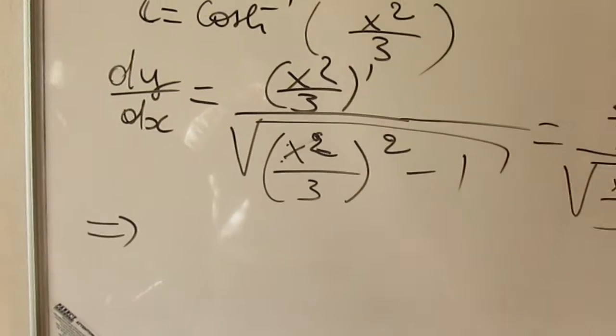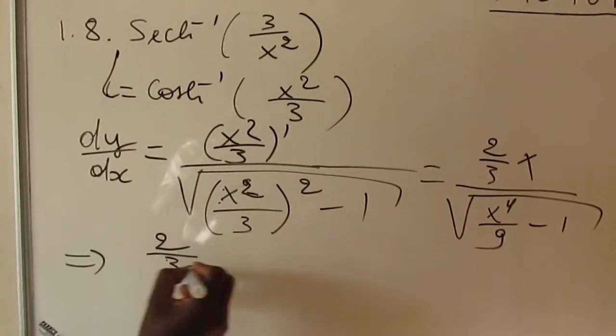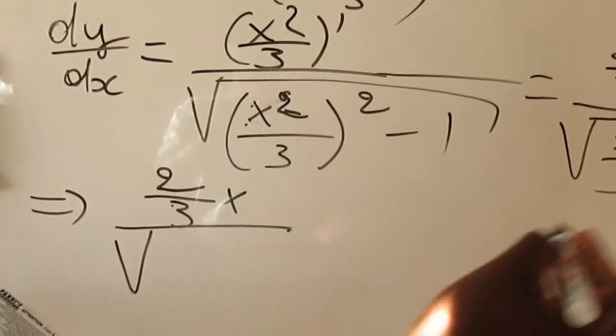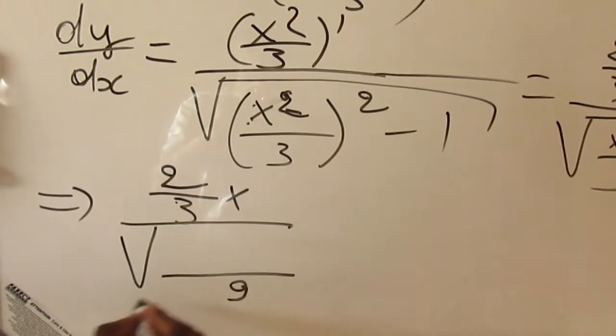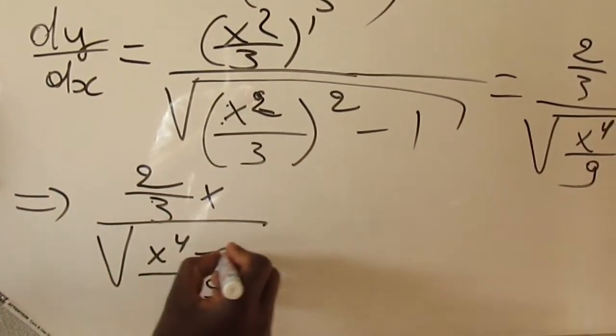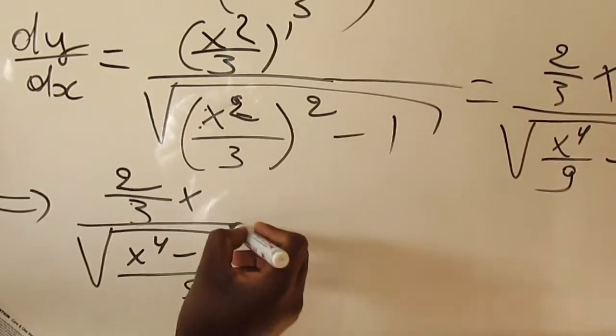Then carry on. This is 3. 2 over 3 x over, okay, square root. We take the common denominator here, which is 9, here is still x to the power 4, and 9 multiplied by 1, negative 9 there, okay. So what do we have here?